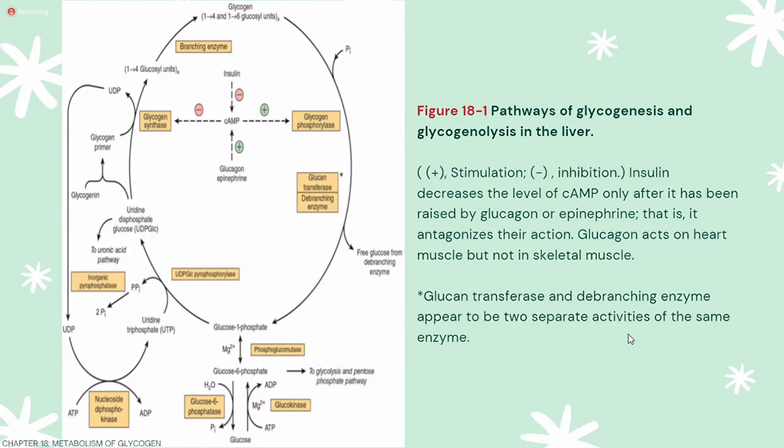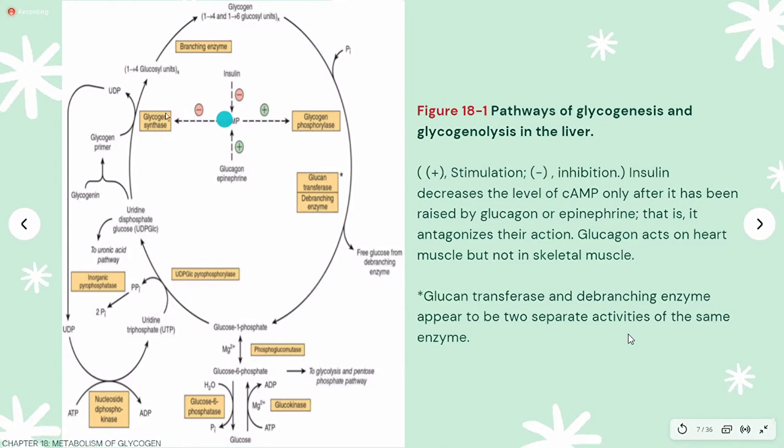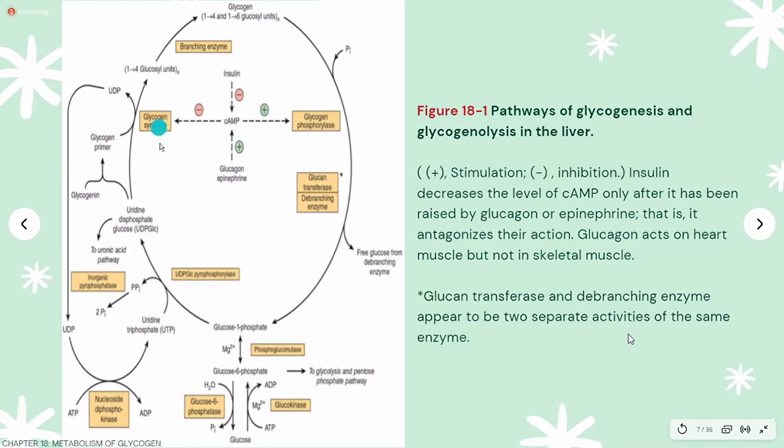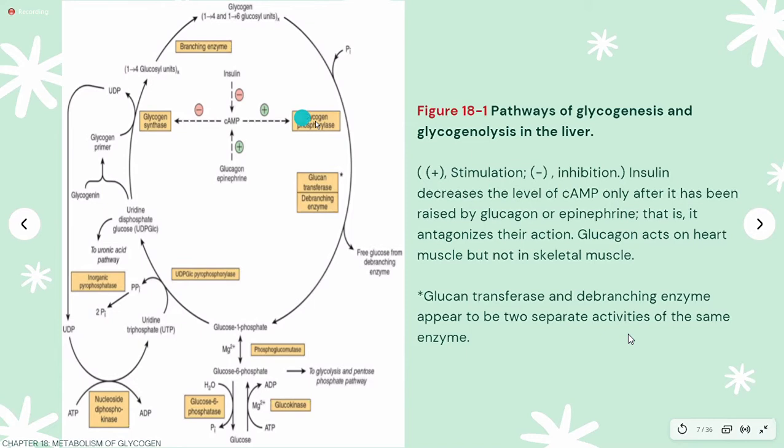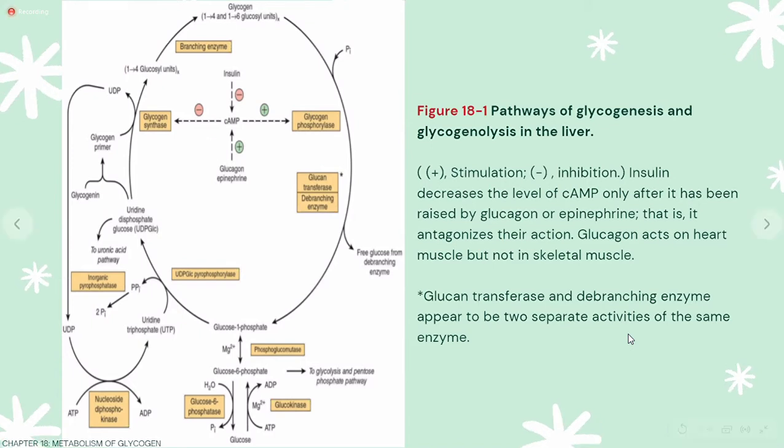However, this is being controlled. And we control these two enzymes. Glycogen synthase for glycogenesis and glycogen phosphorylase for glycogenolysis. So how does this control work? The control is done by phosphorylation. So what do you mean by that?